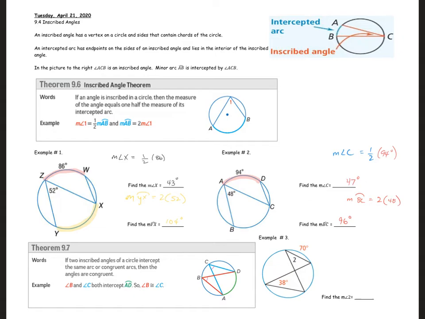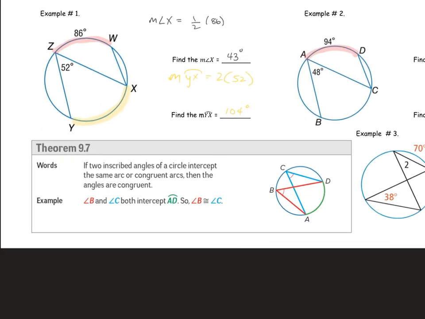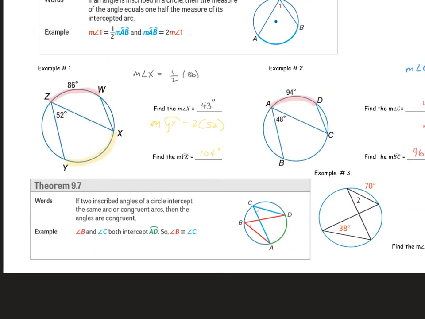Moving on to our next theorem, theorem 9.7. It says if 2 inscribed angles of a circle intercept the same arc or congruent arcs, then the angles are congruent. So if I take a look, I'm going to highlight here this arc.